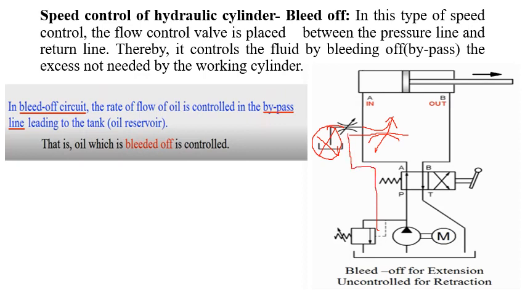It takes some flow through the flow control valve, and the remaining flow will move towards the blank end, connected to the return line like this, and the liquid present on the rod end side will move out like this towards the reservoir. This is happening during the extension of the cylinder, and during retraction, same thing.